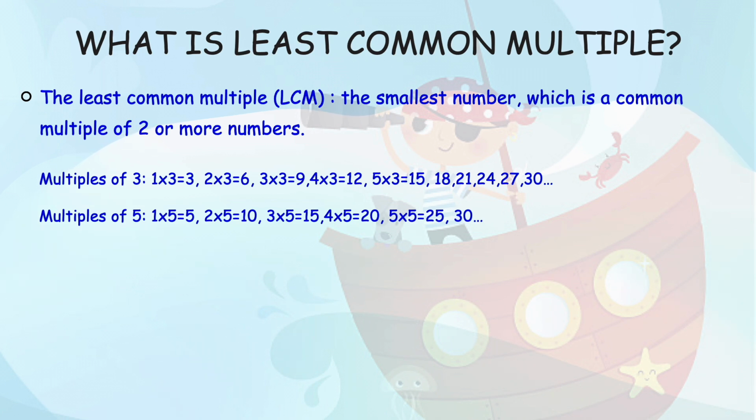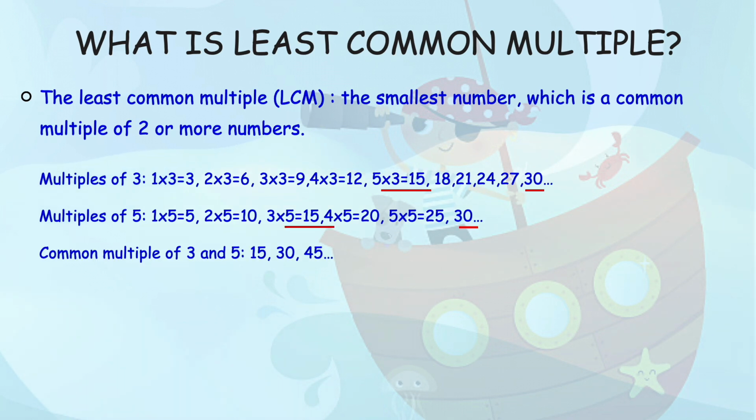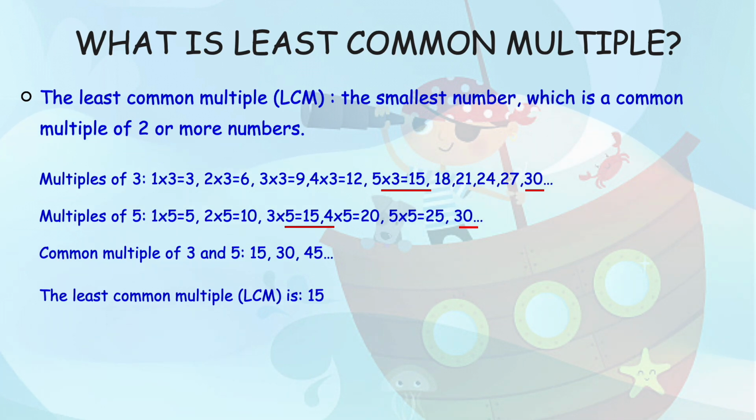And the multiples of 5 are 1 multiplied by 5, 2 multiplied by 5, 3 multiplied by 5, and so on. The common multiples of 3 and 5 are 15, 30, 45, and 60, and so on. However, the least common multiple is 15, the smallest number.